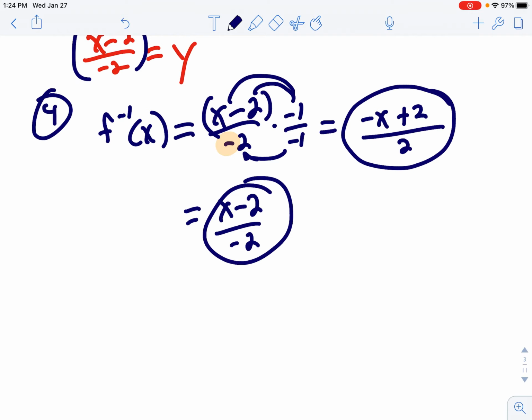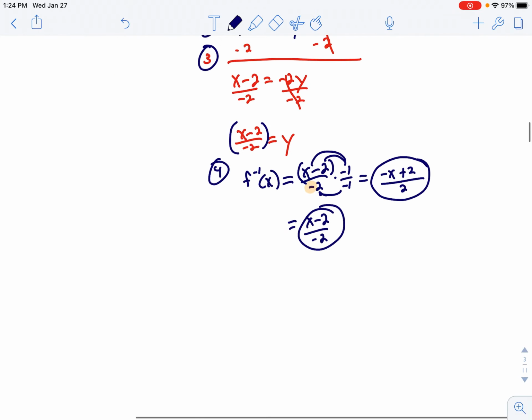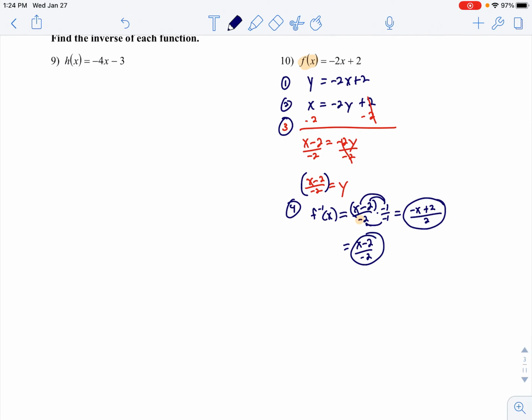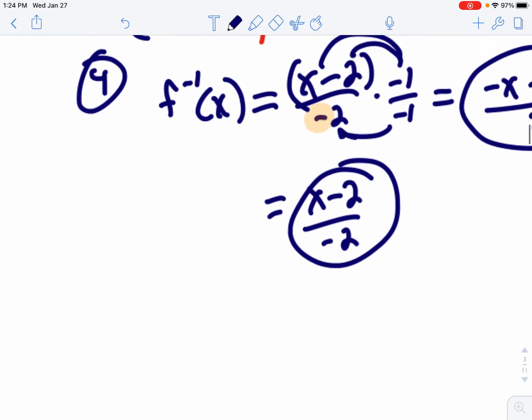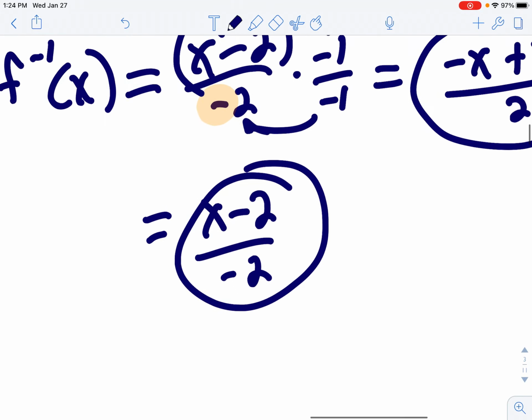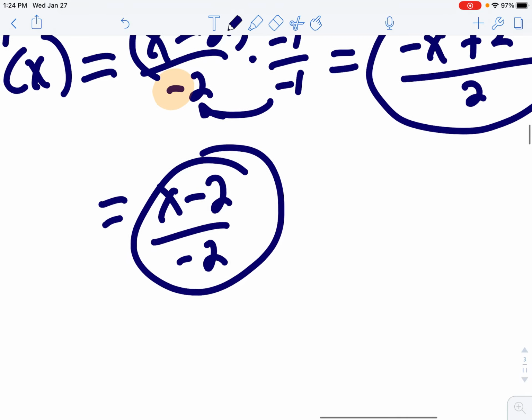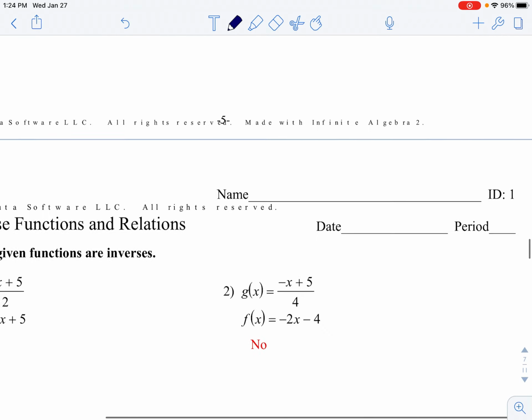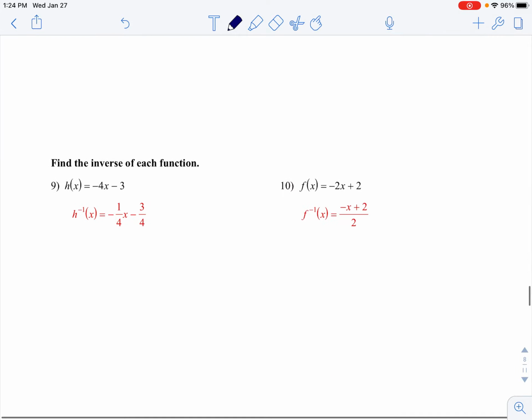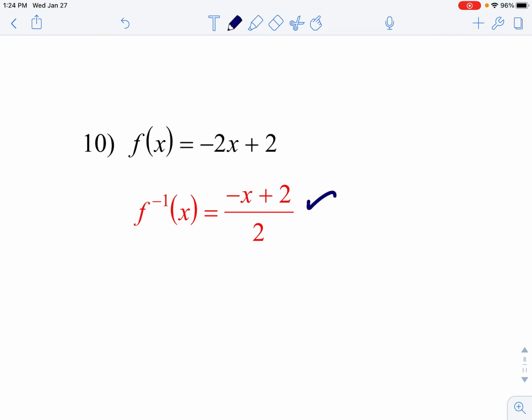So I haven't cheated and looked ahead before the problem started. I just want to prepare you for the possibility that you might get one answer which is totally right, and then you check it and there's a different answer which is also totally right. All right, let's check this one. Yeah, they did it the second way that I did it. So the first way I did it, I came up with this.